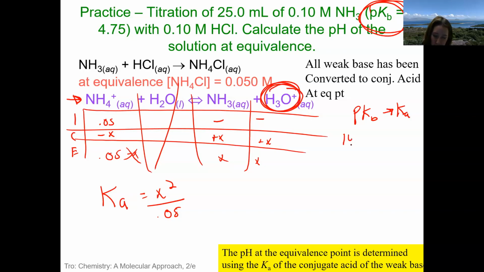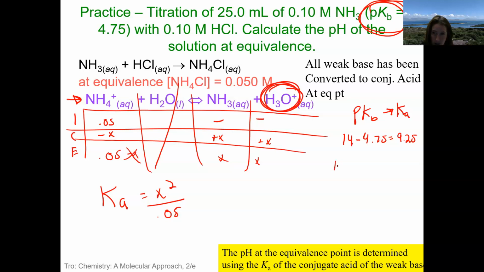So 14 minus my pKb equals my pKa. 14 minus 4.75. So my pKa is 9.25. Now to go from pKa to Ka, remember p means take the negative log.